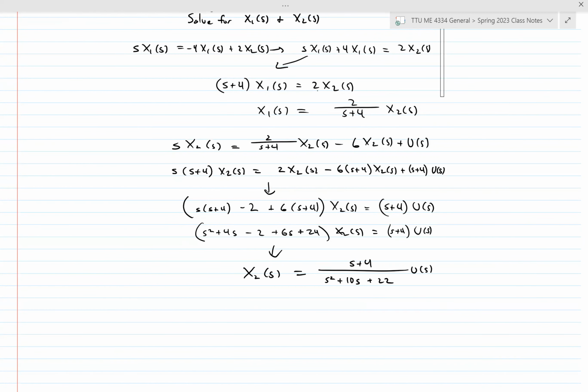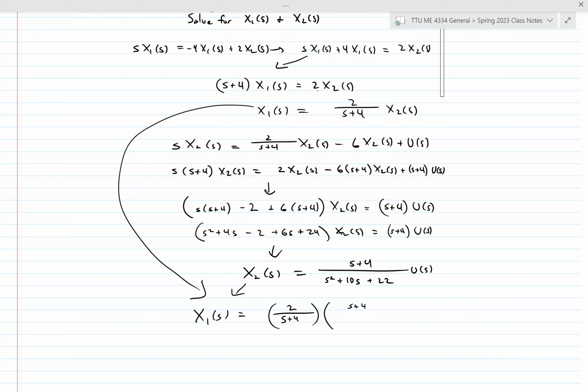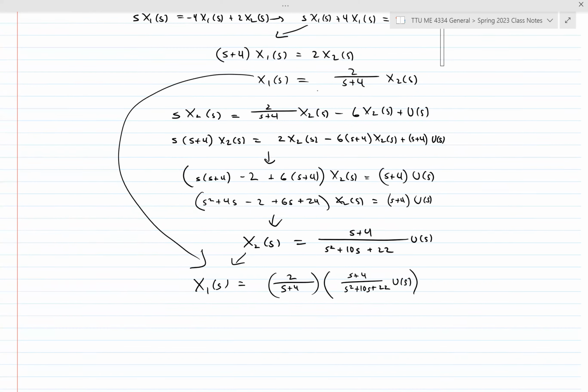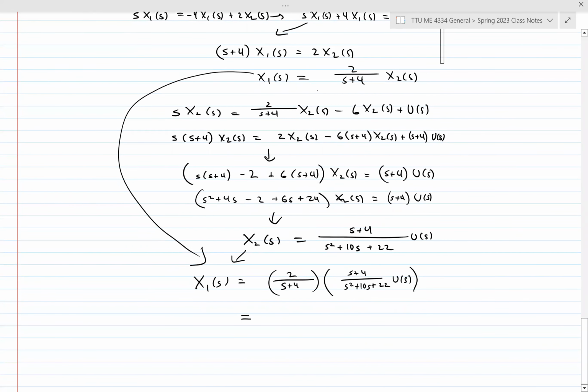So now we've solved for x2. And as a result, right, we've also solved for x1. Both in terms of u. Okay. Now what do we do?